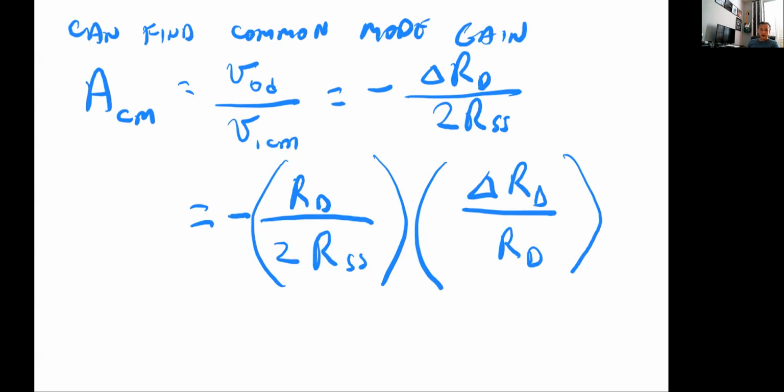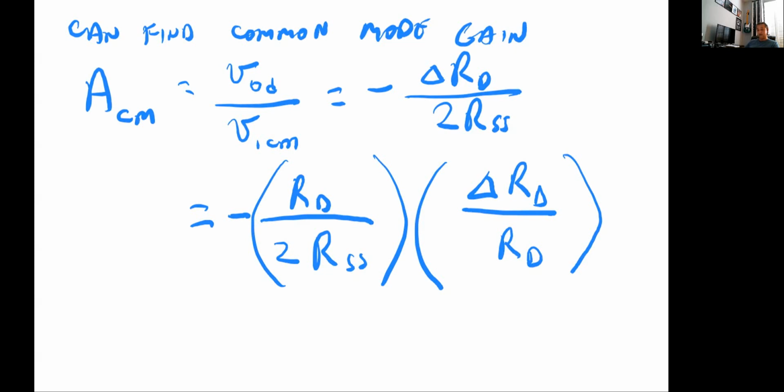Then I can define a very important quantity, which is called the common mode rejection ratio, which relates the common mode gain to the differential gain. And what I want is a very high value, a very high number.